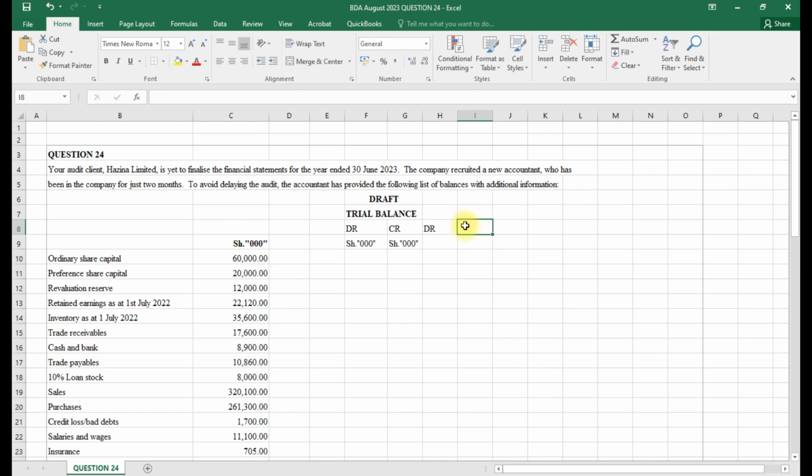DR and CR. Remember, we just need 8 columns. These are for our adjustments, and I'll center that and bold, Control B. The other one we shall have DR and CR.